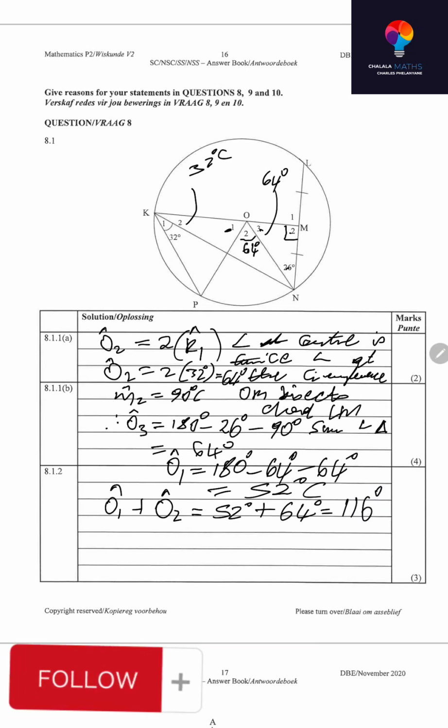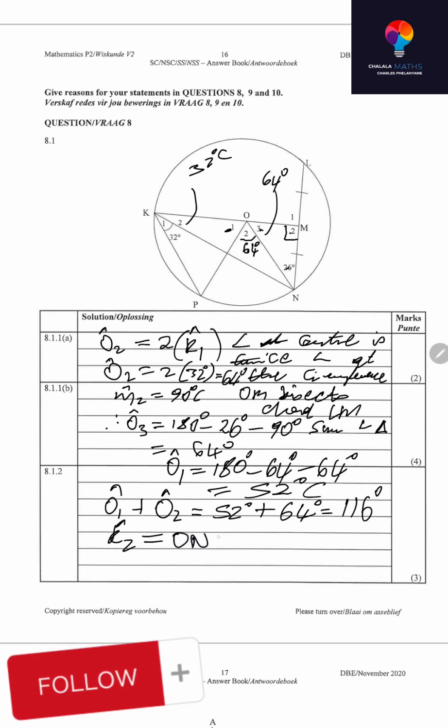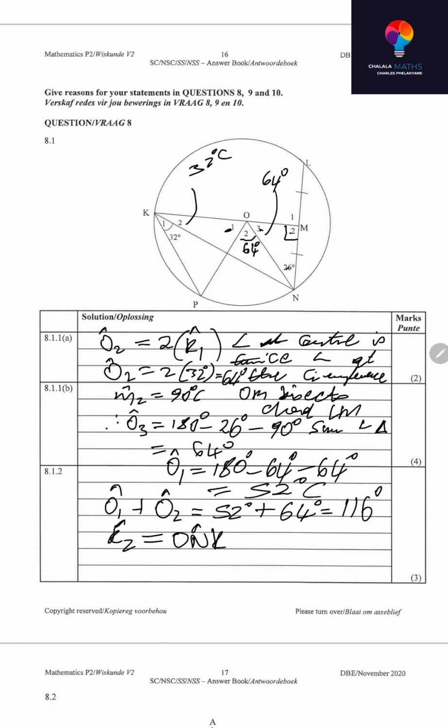Okay, now K2 is equal to angle ONK. The reason being that ON is equal to OK.